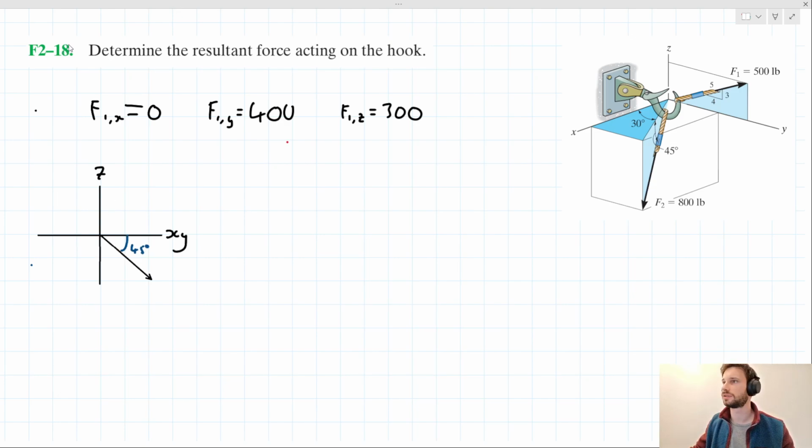And we can describe this as F2, or 800 newtons. Let's just add the 800 magnitude here.